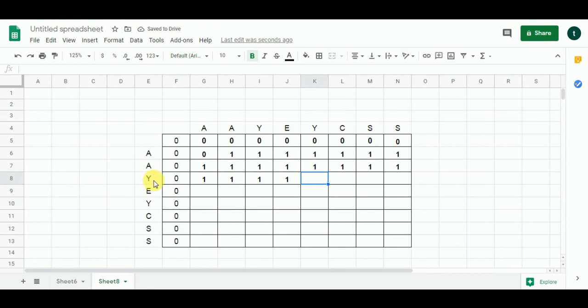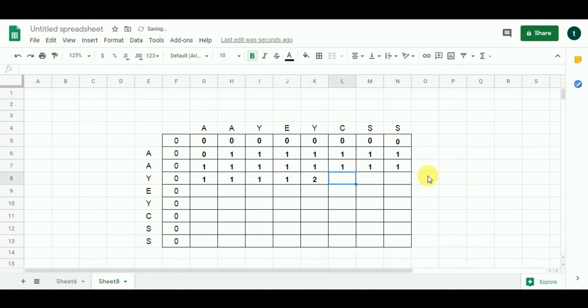Now this Y matches with this Y and their indexes don't match as well. So what I'm going to do, I'm going to go diagonally 1 cell back, and whatever the value I have here, which is 1 in this case, I'm going to add 1 to it. So this is going to give me 2.